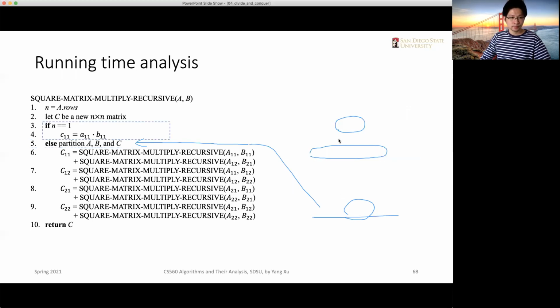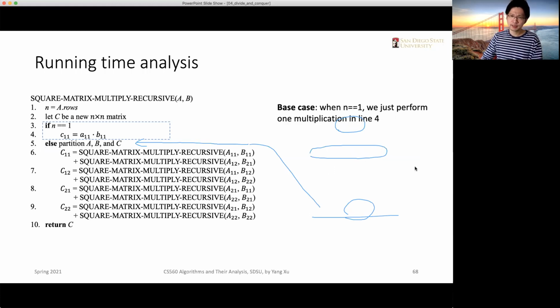All right, and if we go ahead and analyze the total running time for the problem. Say, in the base case, we just need to perform one multiplication, which is obviously a constant amount of time.